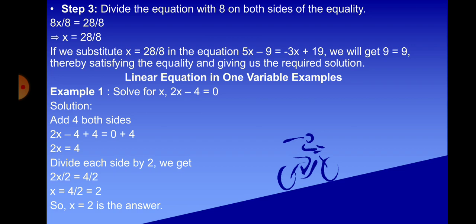So 2x - 4 + 4 = 0 + 4, so 2x = 4. Divide each side by 2. We get 2x/2 = 4/2, so x = 4/2 = 2. So x = 2 is the answer.